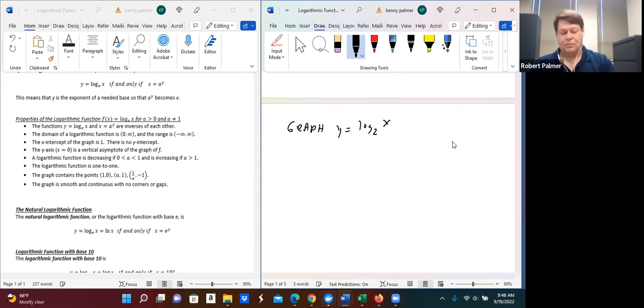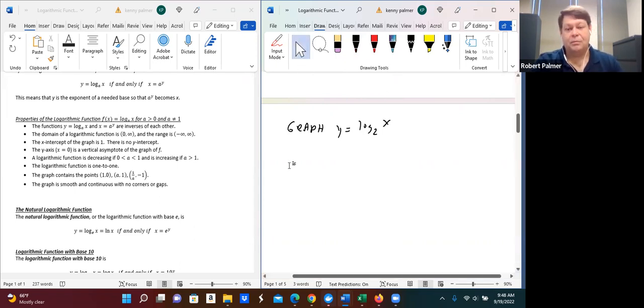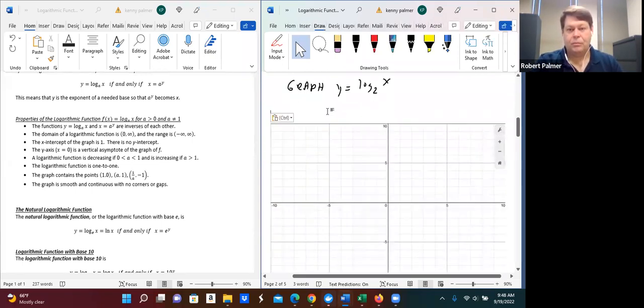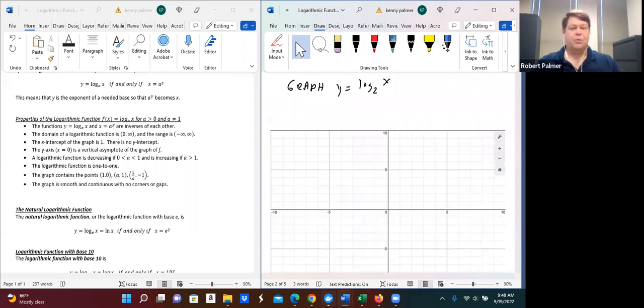Let me insert a grid below. Let's graph this, and also graph y equals log base 1/2 of x. And we'll see this is actually a reflection.